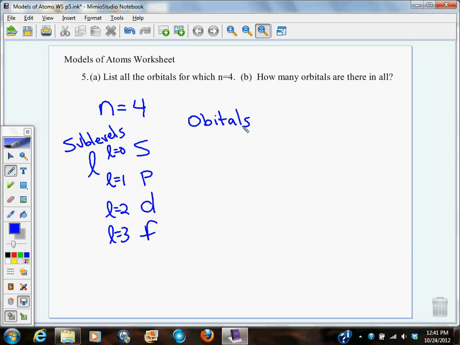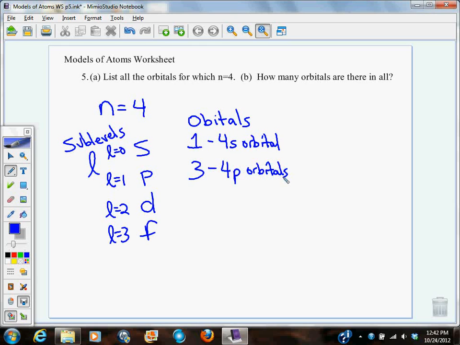So when we look at this, we have one 4s orbital, because the s's only have one orbital in them. The p's, though, we end up having 3. We have 3 4p orbitals.